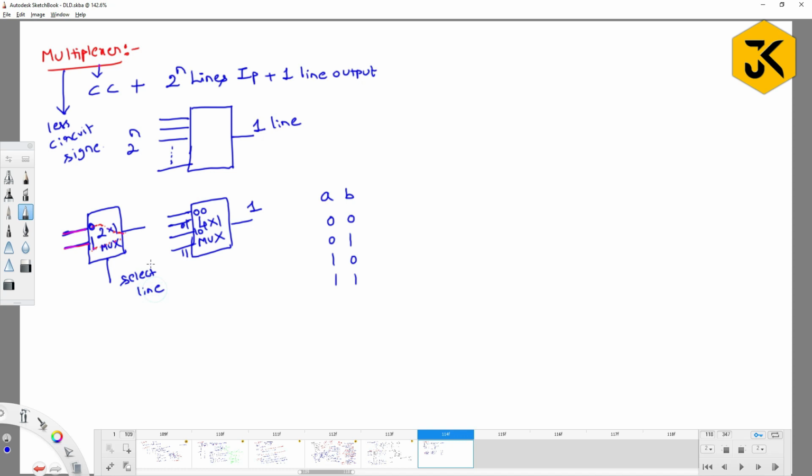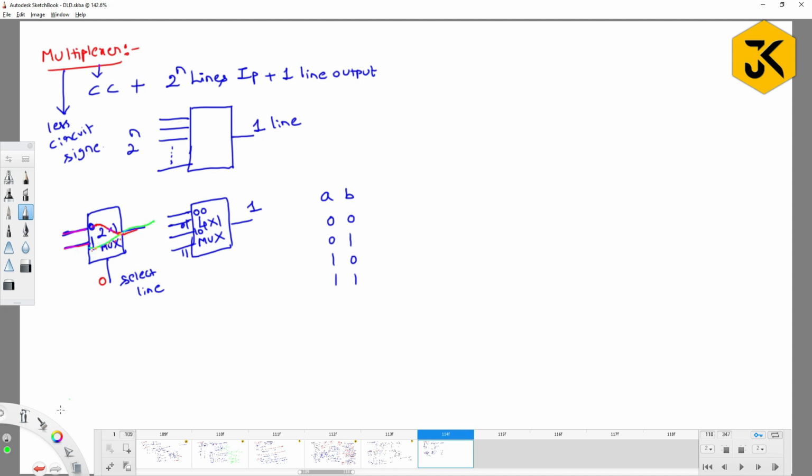How many select lines are required in order to control two particular elements? Only 1. Because if I give 0, the meaning is that 0 will be handed over to the output side. If I give 1, then instead of 0, it will pass 1, and that will be the output.